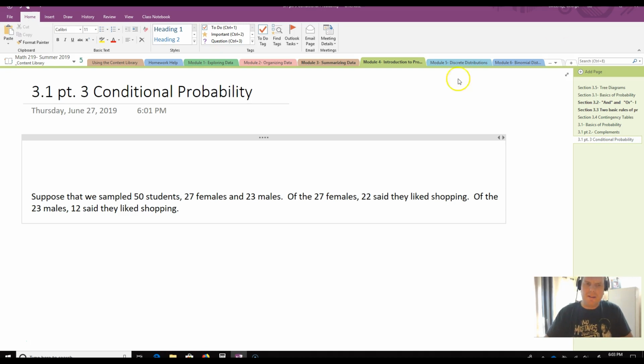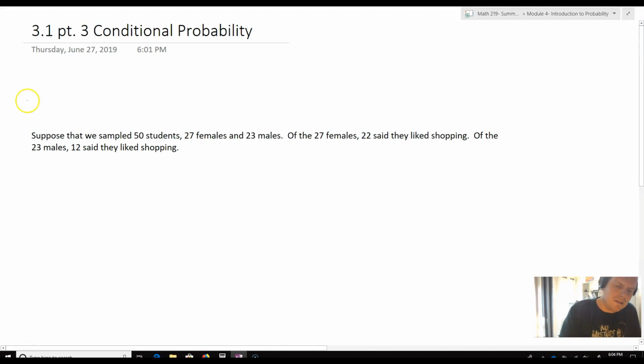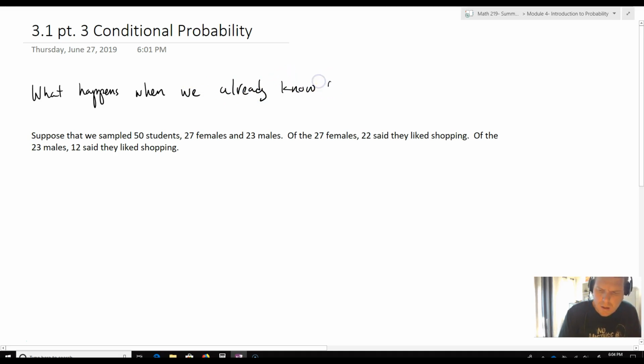So, simply stated, conditional probability is what happens when we already know a piece of information about our sample space, information about our probability.